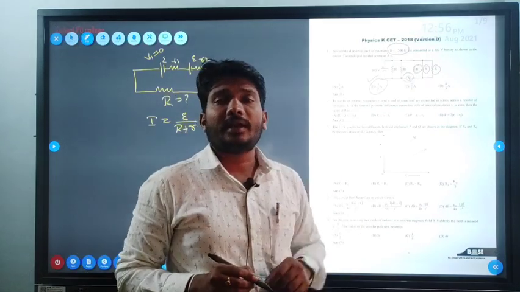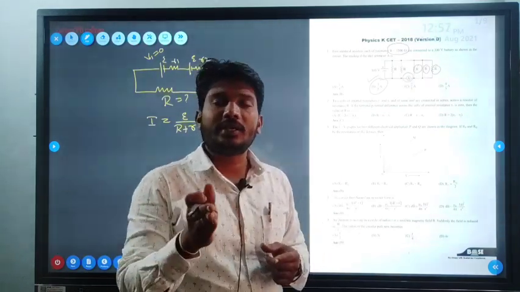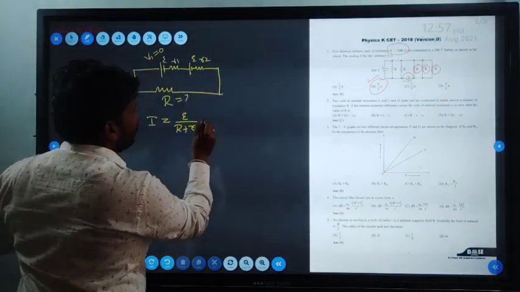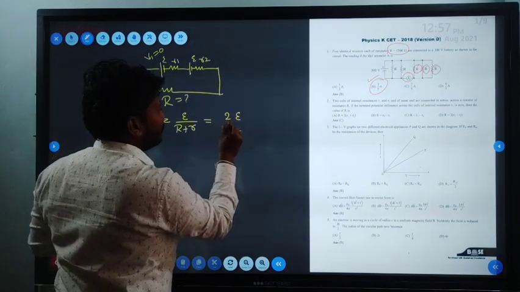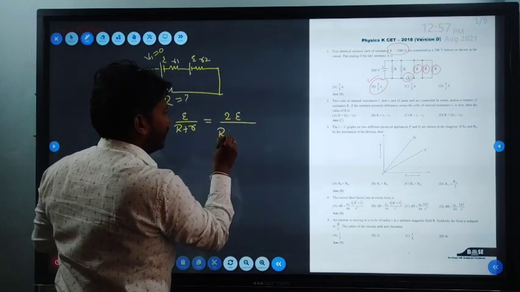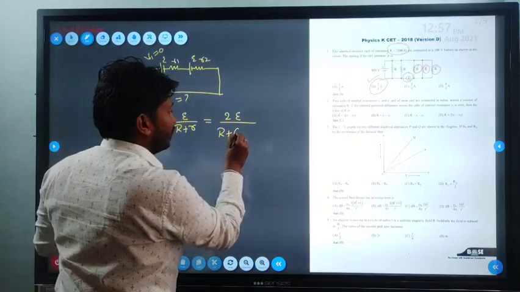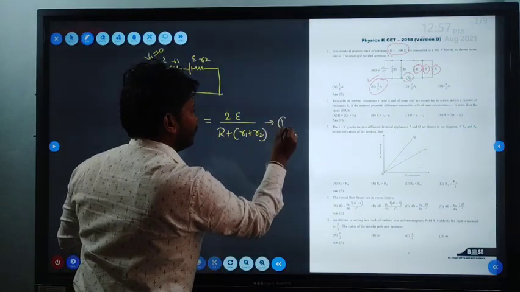Here two cells are connected in series combination. So the equivalent EMF is E equivalent, which is equal to E1 plus E2. Here they mention that the two cells have the same EMF E, so E plus E, 2E, divided by R plus, if the cells are connected in series combination, the equivalent internal resistance is R1 plus R2, right?